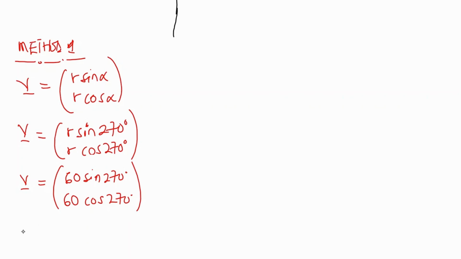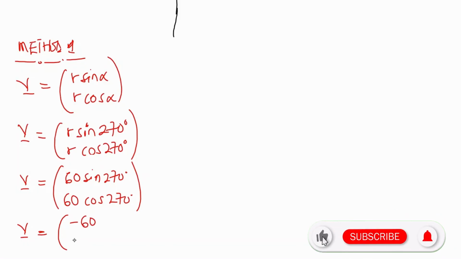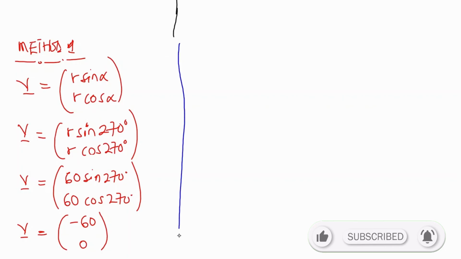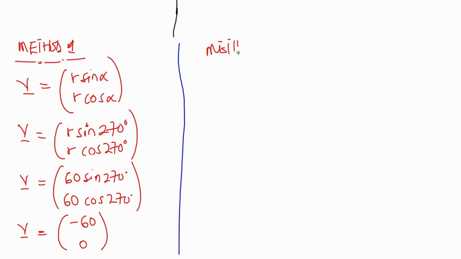So it means that in component form 60 sine 270 is giving us minus 60, and 60 cos 270 is giving us 0. That is method 1. And when we employ method 2, then we are seeing that, so that is method 2.